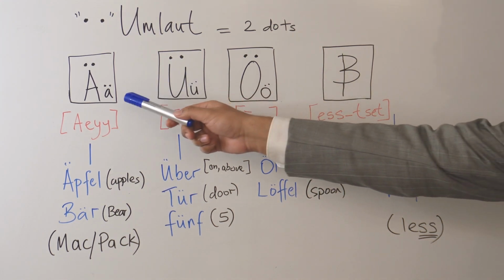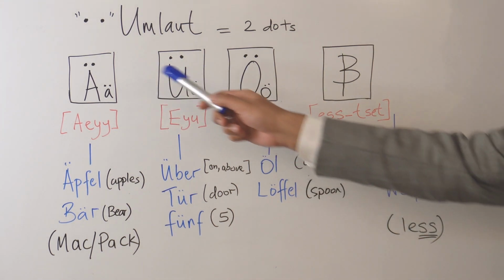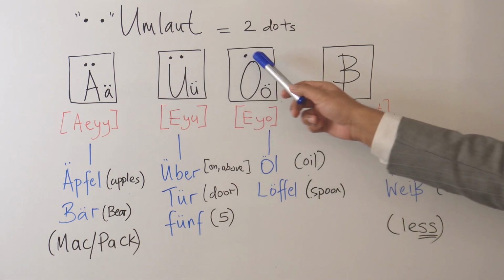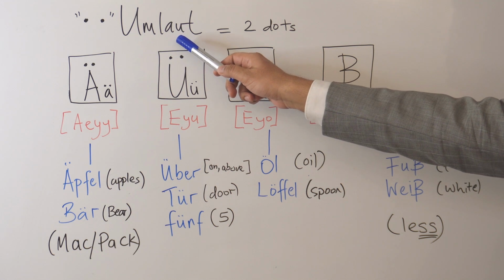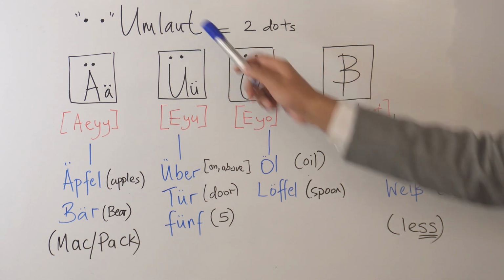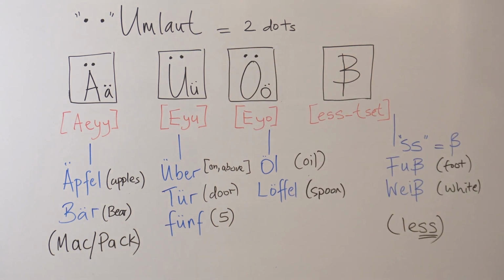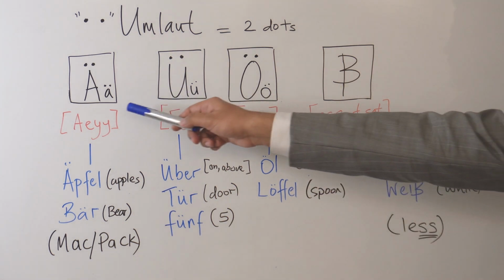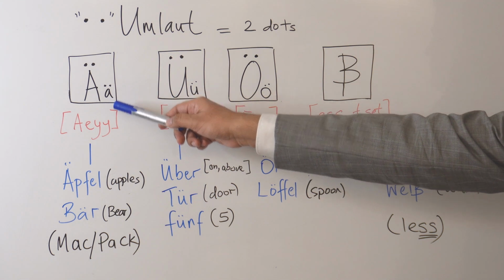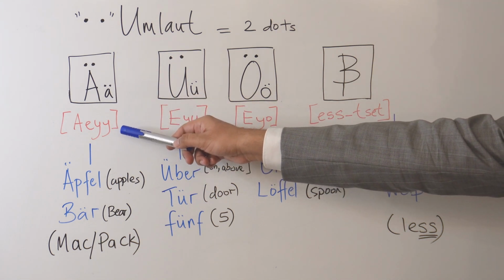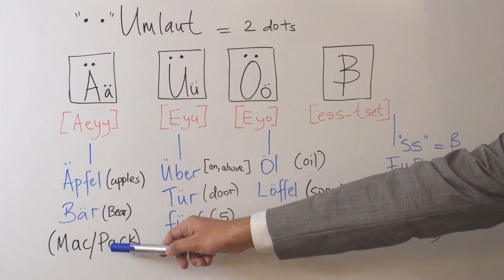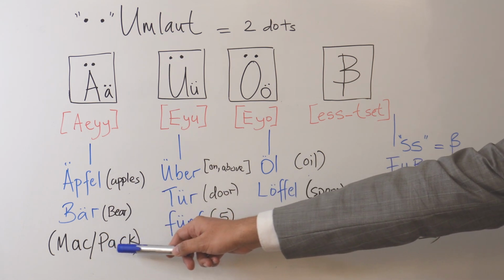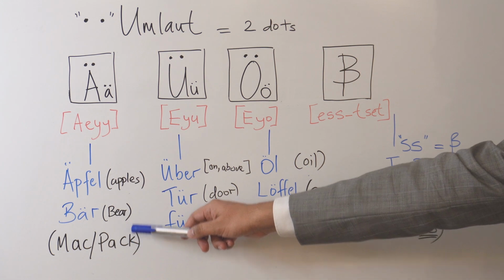So as you can see, there are 4 additional letters, and the first 3 have 2 dots. These 2 dots are called umlaut in German. They change the pronunciation of the letter. For example, the A is converted to Ä. This is similar to how we say Mac or pack in English.